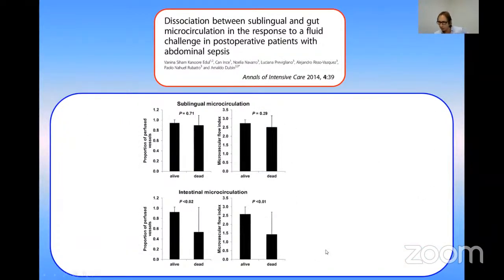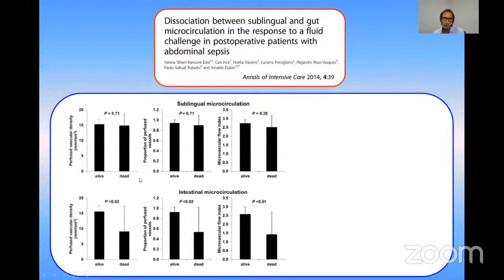And they also looked at the outcome as a function of the sublingual microcirculation or the intestinal microcirculation, and they found that there was no difference in terms of proportion of perfused vessels or microvascular flow index in survivors and non-survivors, while there was a big difference for the intestinal microcirculation, with decreased proportion of perfused vessels and microvascular flow index in patients who would die compared to survivors.